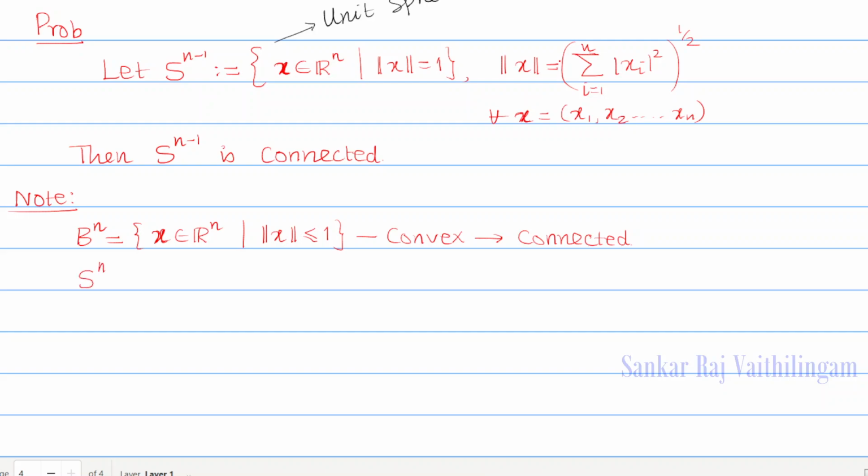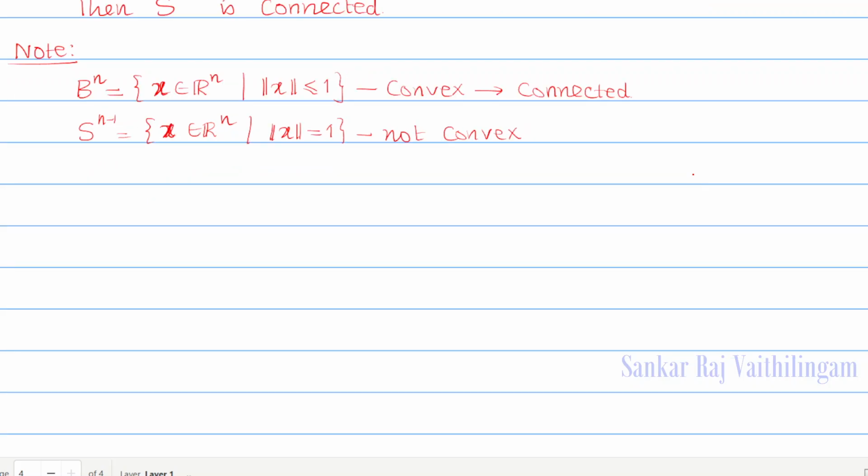The set S^(n-1) of all vectors x in R^n such that the norm of x is equal to 1 is not convex, so we cannot use this. We already know that R^n minus the singleton {0} is connected.